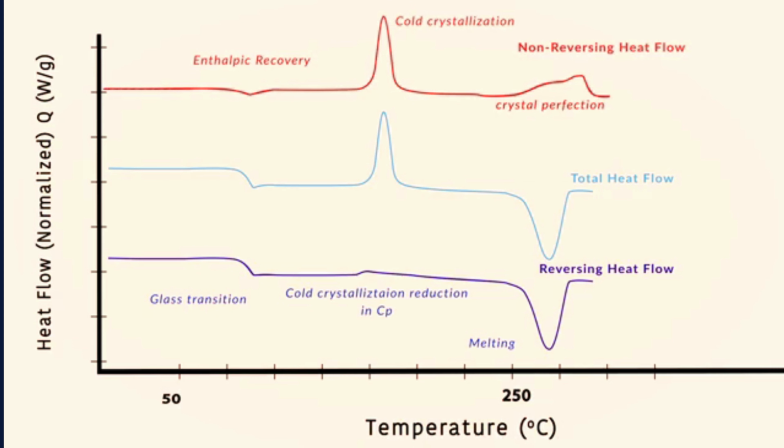For example, in PET, conventional DSC may show overlapping glass transition, cold crystallization, and melting events. MDSC can separate these phenomena, enabling clearer interpretation of the thermal behavior.